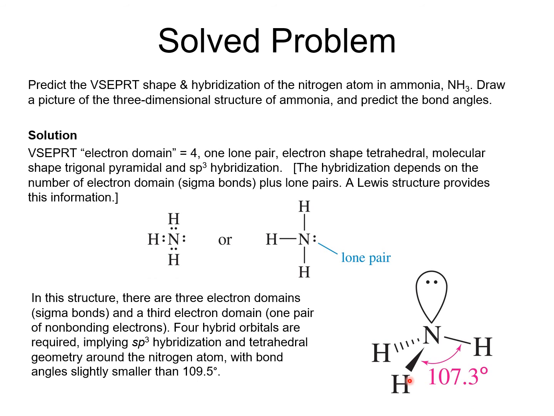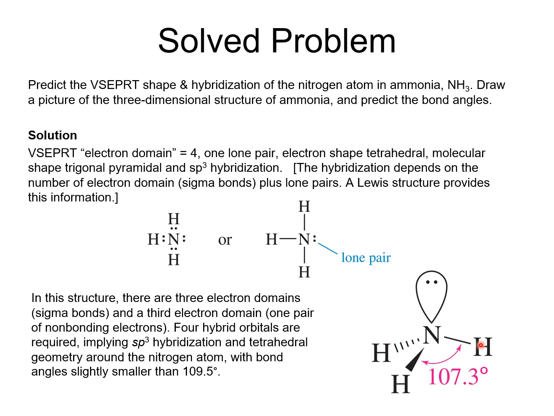So here is the 3-dimensional structure for that molecule. Now, if there was something attached here, if there was an actual hydrogen over here or something like that, then the structure of the molecule would not be trigonal pyramidal. It would actually be tetrahedral. But electrons are invisible, so you can't see this. All you can see is the nitrogen and these 3 hydrogens. So what does it look like?